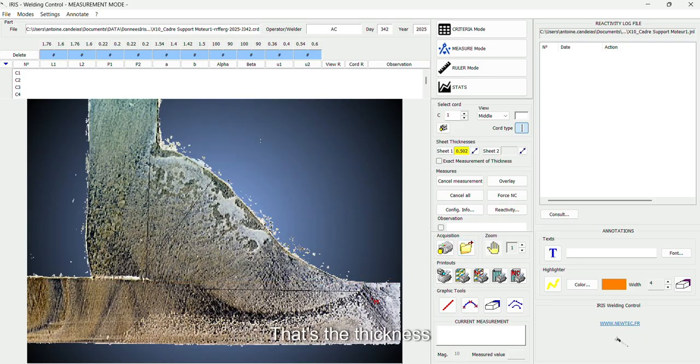Tack. That's the thickness of the sheet. There is a possibility here to measure the thickness, which is the theoretical one, or the exact measurement. If it is the exact measurement, afterwards the criteria are modified following the thickness of the sheet.